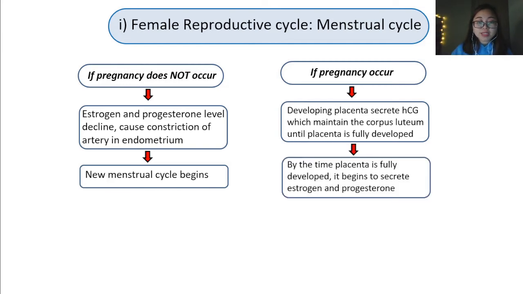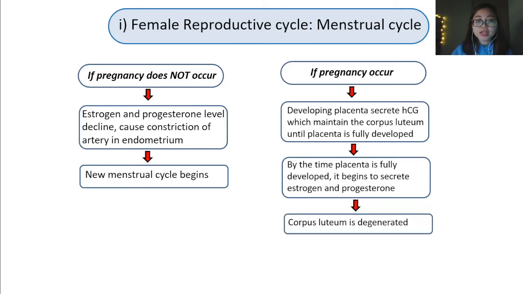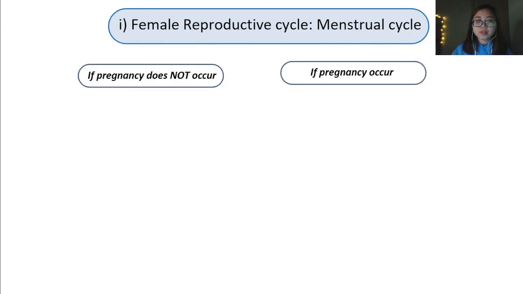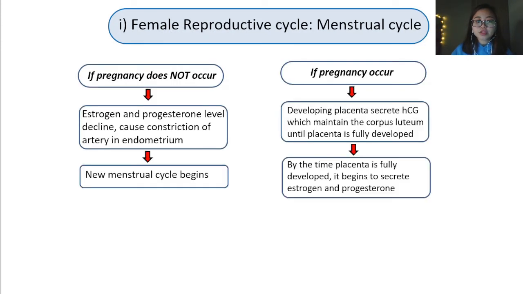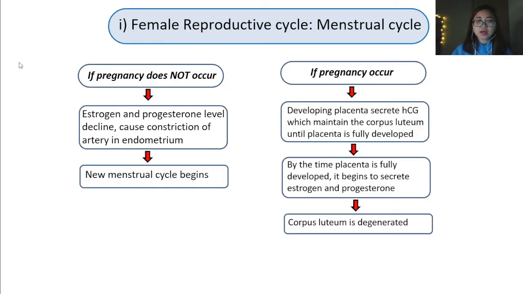By the time the placenta is fully developed, it will begin to secrete estrogen and progesterone, and corpus luteum will eventually degenerate. Okay, so this is talking about kalau pregnancy tidak berlaku, kalau pregnancy berlaku, macam mana. But don't worry, this stuff about what if pregnancy occurs, we are going to cover more in 9.3. Okay, sekarang kita sepintas lalu sahaja, kita akan tengok dengan detail dalam 9.3.